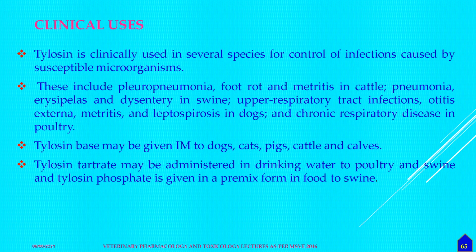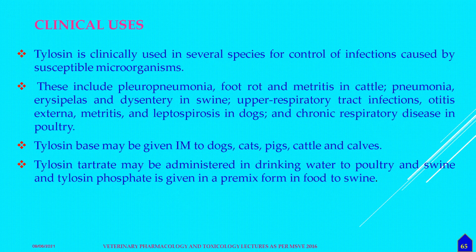So these are all the suggested uses and side effects of these drugs. Some of the time the effects and side effects need to be weighed properly, all these effects, then we need to decide the drug. And tylosin base may be given IM to dogs, cats, pigs, cattle, and cows.